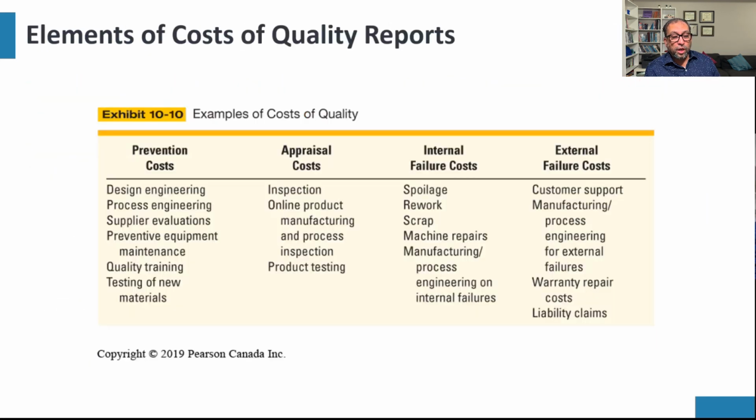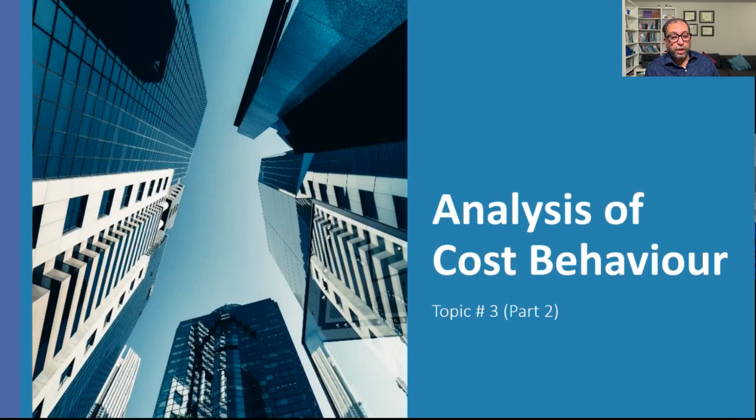So this is all about the analysis of cost behavior. The main objective of this is to develop a model, an equation, with which, based on our previous historical data, we can predict for the future: if we produce this much output, how much cost is going to occur, because the fixed cost is there and the variable cost is there.